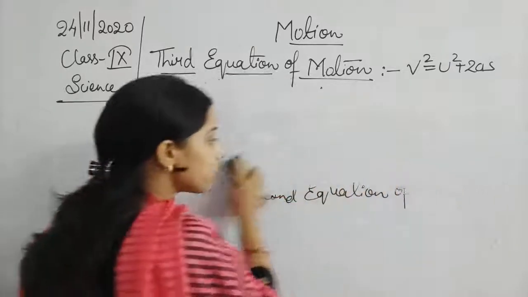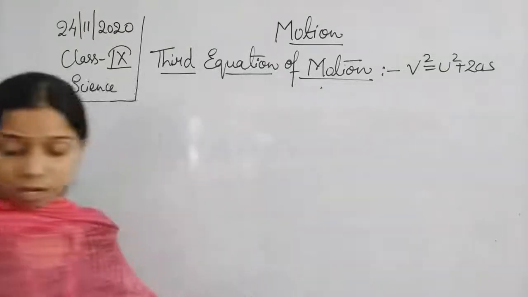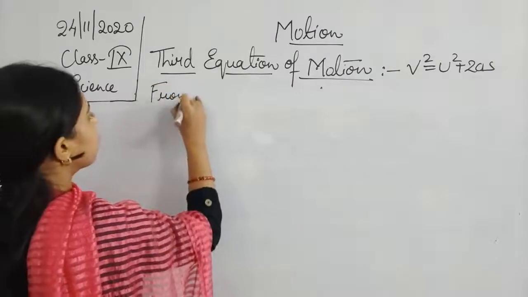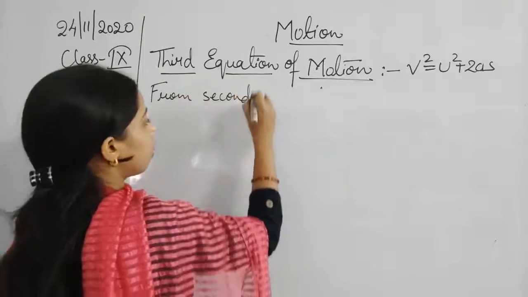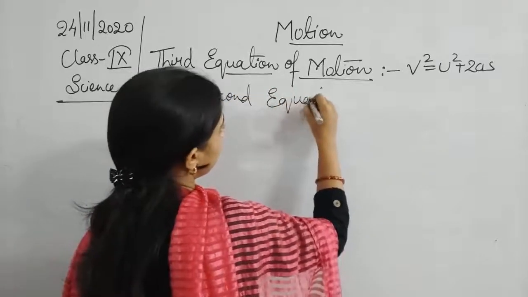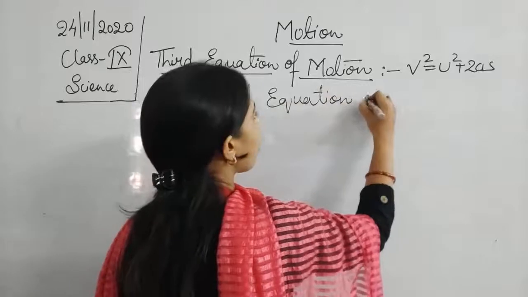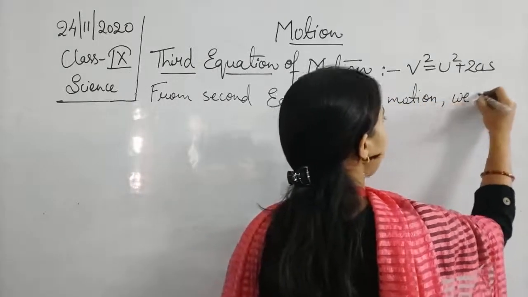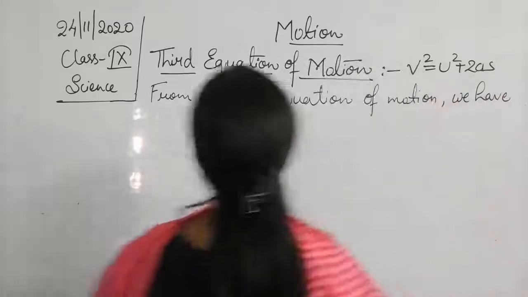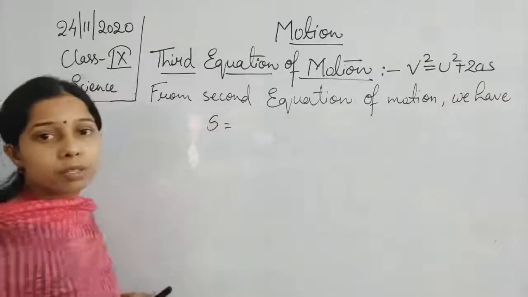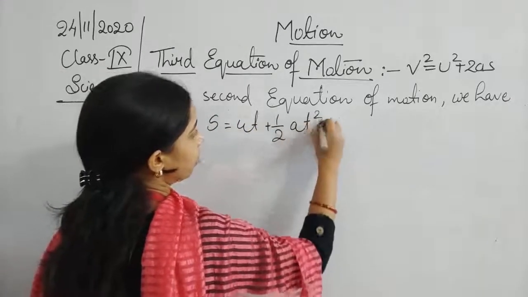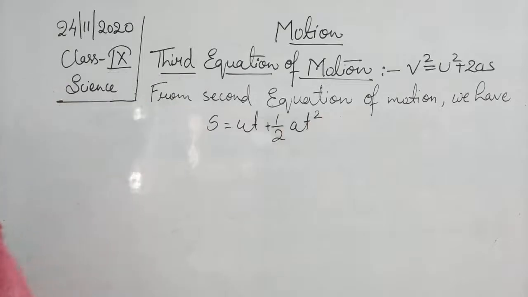That is s = ut + half at squared. So from the second equation of motion, we have s = ut + half at squared.